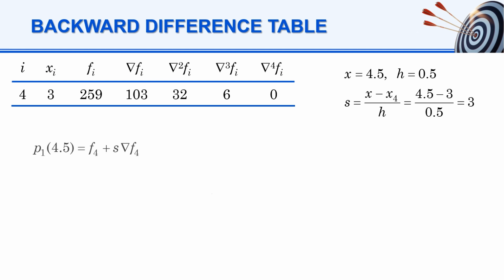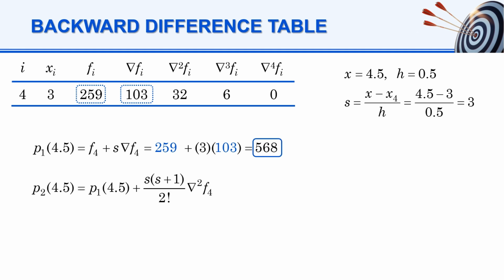The sum of the first two terms is the linear extrapolation, which yields 568. The sum of the first extrapolated value with the third term is the quadratic extrapolation, which results in 760.